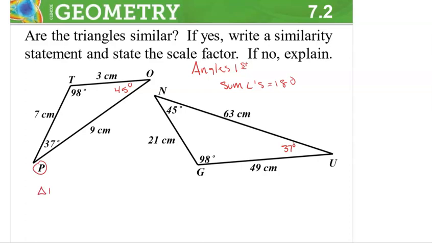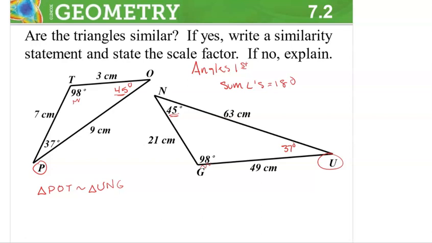So let's start with the 37 with the small one with P. In this triangle, if these are similar, P corresponds to U. And if these are similar, O, the 45-degree angle, corresponds to N. And then T corresponds to G. So we're going to write the similarity statement because we think that they're similar.